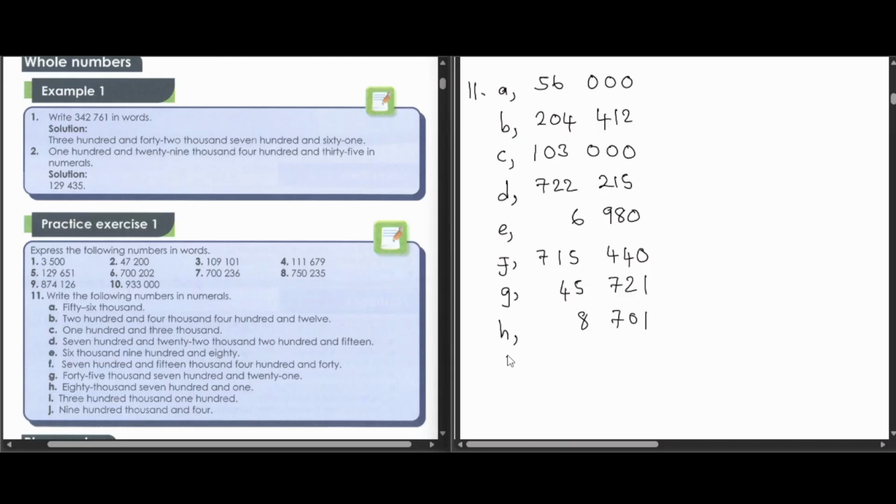Toya panapa 300,100. So 300,100 seizvo. Then J 900,004. 900,004 seizvo.